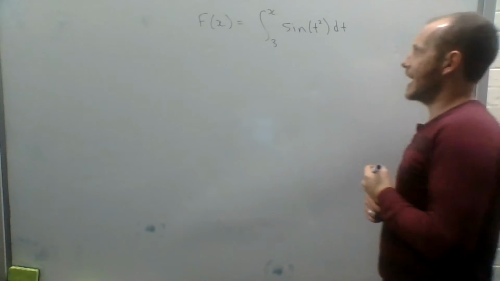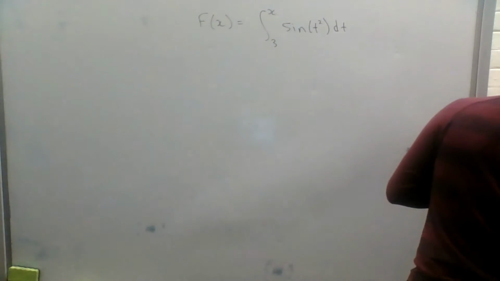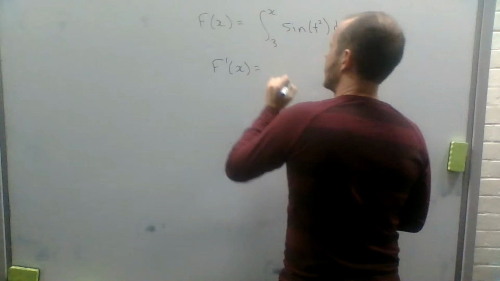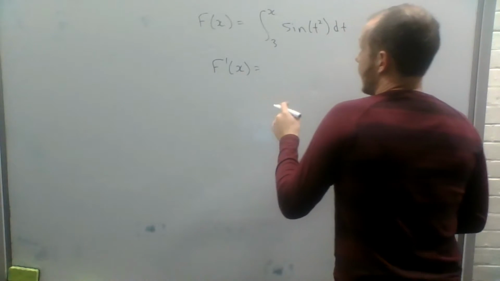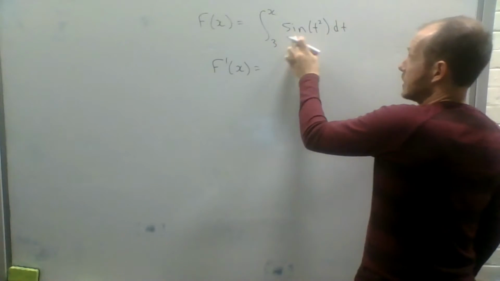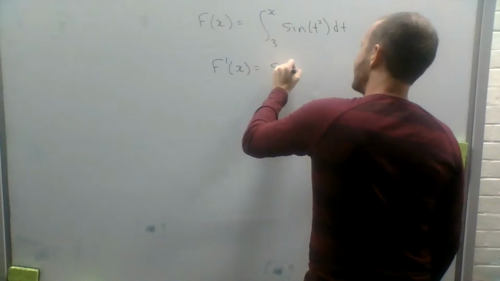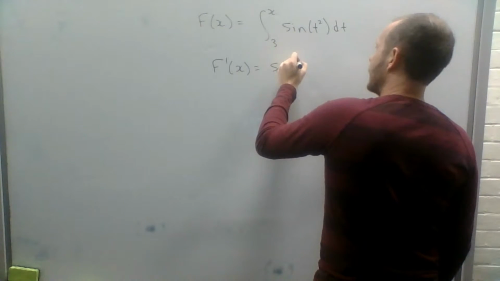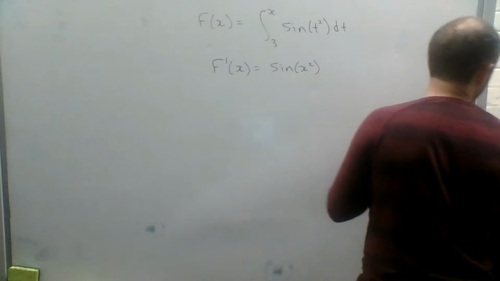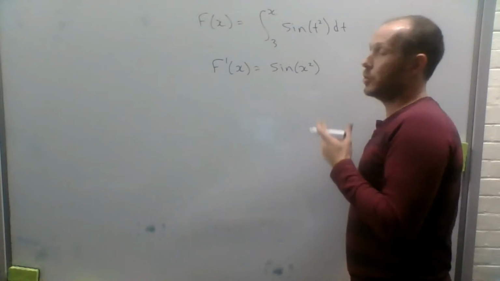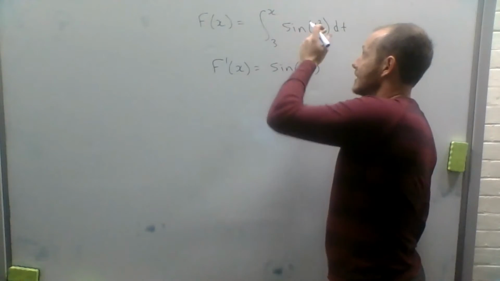In this case, we can basically go straight through and say F dash x is equal to f of t, which is just this function here. So it's basically just going to be sine of x squared, and it's as simple as that.